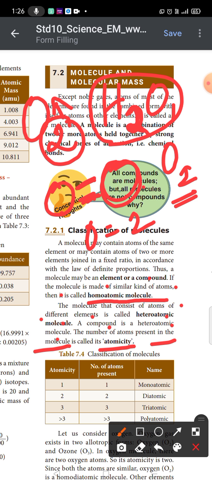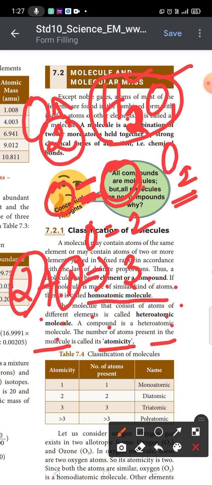So totally hydrogen is 2 atoms and oxygen is 1 atom. Totally 2 plus 1 is 3 atoms. The 3 atoms are present but they are different kinds of atoms: 2 atoms are similar, 1 atom is different. In the case of the oxygen molecule, both atoms are of the same kind.